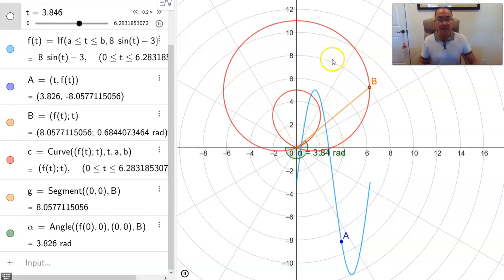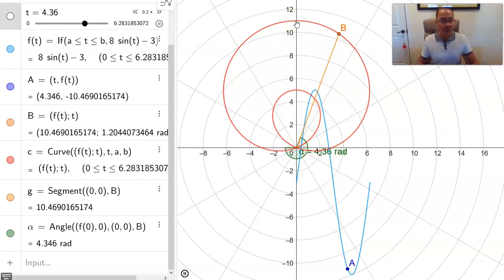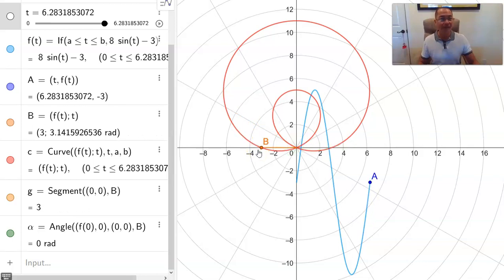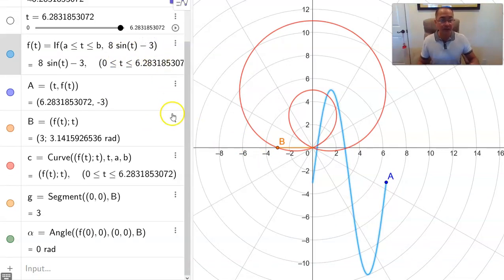And then at 3 pi over 2, we're going to get this point where now the R is going to be -10. And we're going to go back to where we started over here. And there we go.